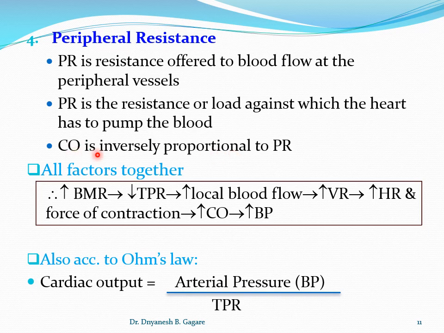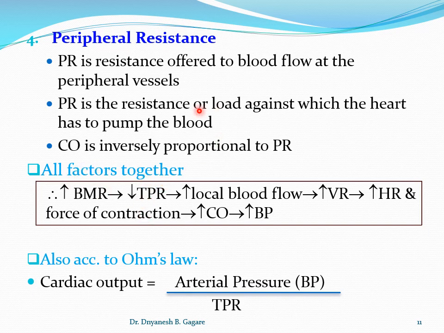Here cardiac output is inversely proportional to the peripheral resistance, because the more the peripheral resistance, the more the arterial pressure, and there is a decrease in cardiac output. Okay, so this is the effect on the cardiac output.